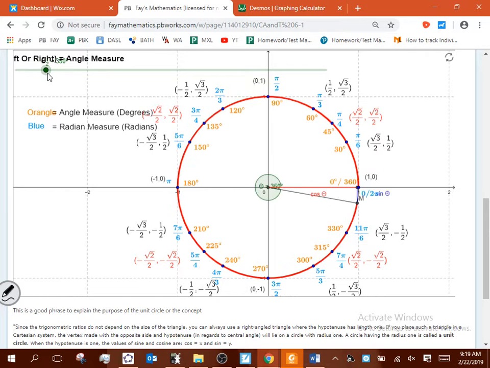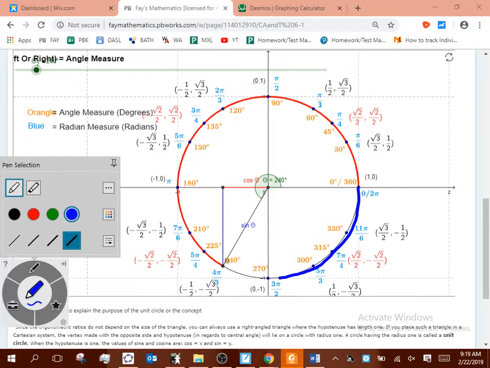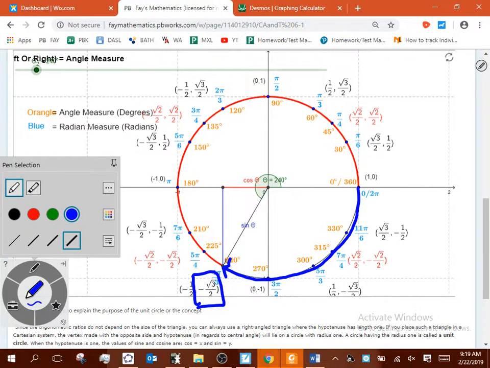If I'm interested in, let's say, negative 2 pi over 3, so negative 2 pi over 3 would be that right there. Does that make sense? Okay. And the sine value is negative radical 3 over 2. Okay. So that's the sine of negative 2 pi over 3.